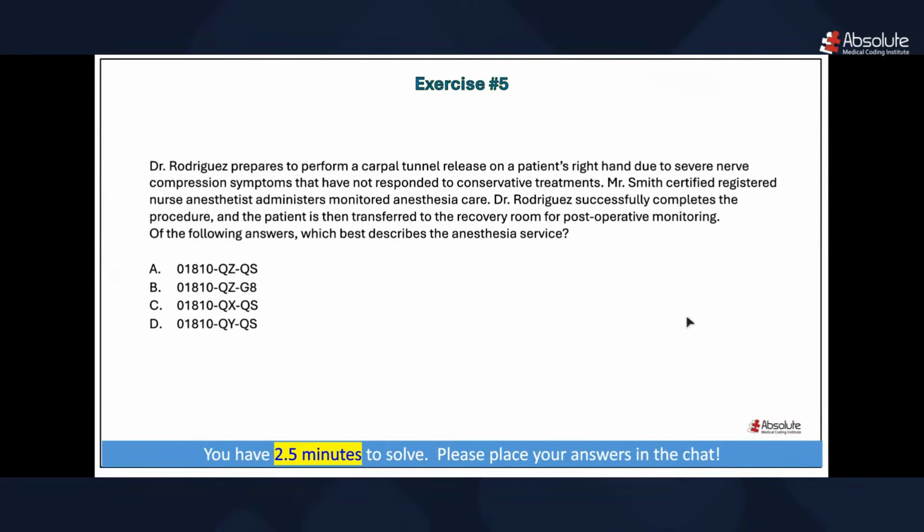So here we go. Fifth question. Of the following answers, which best describes the anesthesia service? Option A: 01810 QZ QS. Option B: 01810 QZ G8. Option C: 01810 QX. Option D: 01810 QY and QS.